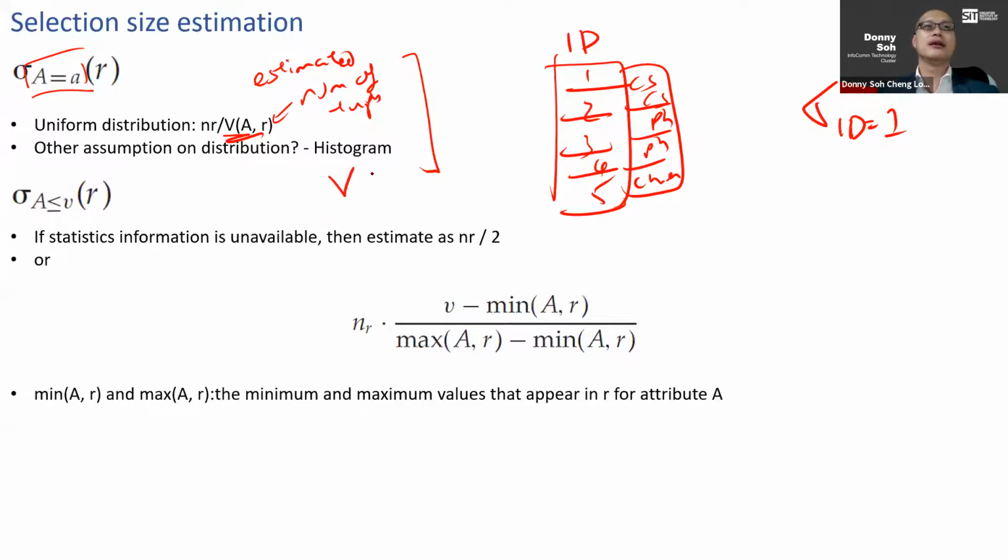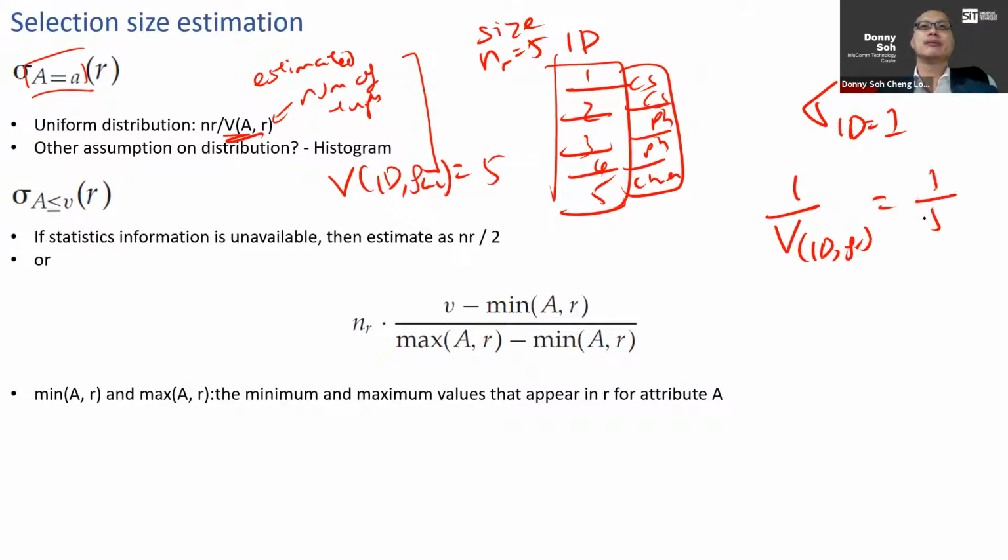My V of ID in faculty is equal to 5. My size, which is N of R, is equal to 5 because there are 5 rows here. So my 1 divided by V of ID, R will be equal to 1 divided by 5. And so my size is equal to 5 times 1 divided by 5, which is equal to 1.